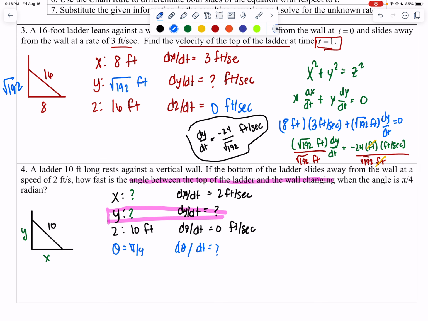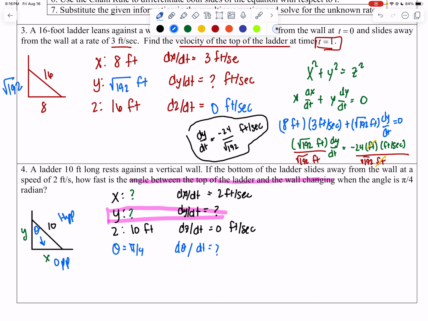Now, I haven't put where theta is, but notice how it says that it's between the top of the ladder and the wall. So theta is going to be right here. If theta is right there and we want an equation in relation to x and z, x is my opposite and z is my hypotenuse. Thinking about opposite and hypotenuse, that's going to be sine.